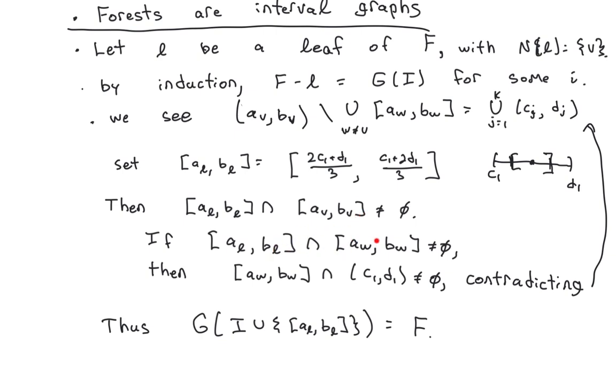Because if there was a point in common, then that point would be in this interval, so it'd be in here, which means this intersection would be non-empty, which contradicts this construction. And thus I see that the interval graph given by this collection of intervals is actually F. So every forest is an interval graph.